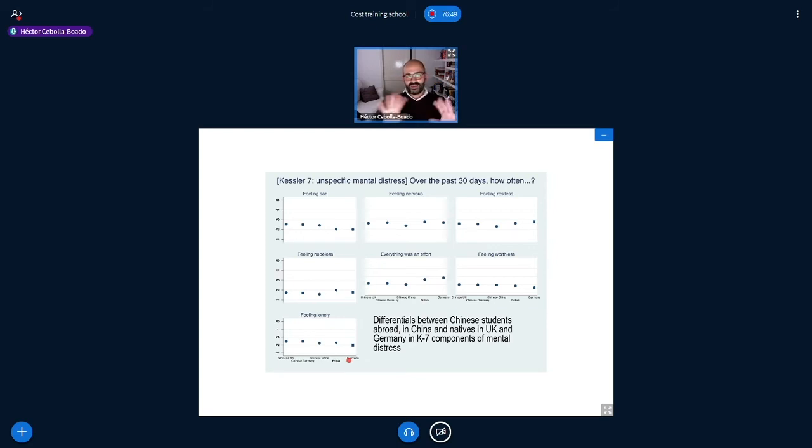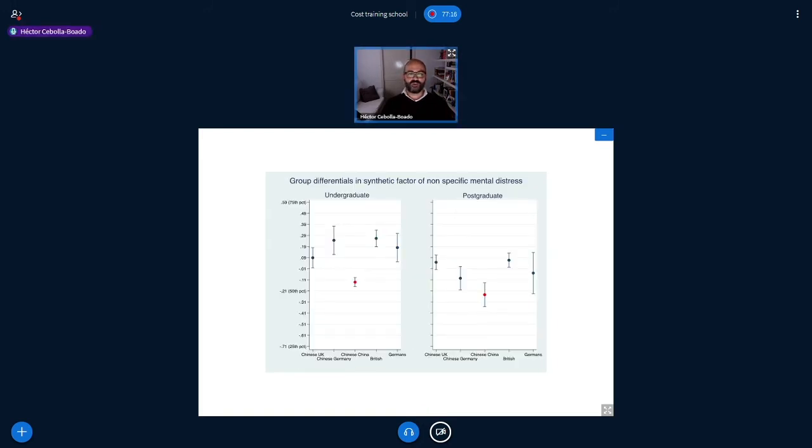There's one clear thing here: at first sight, everyone is similar. The average answer given by these groups is pretty similar, so there are no massive differences in how students behave in different countries.